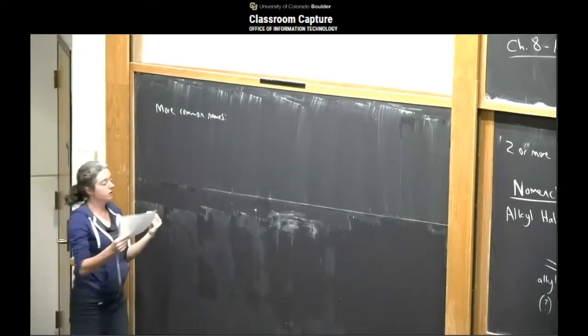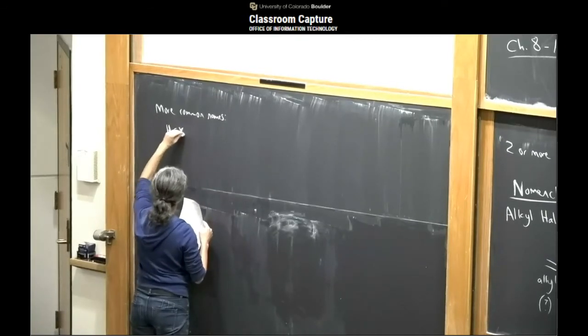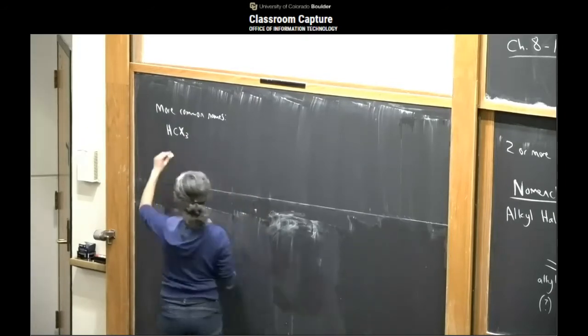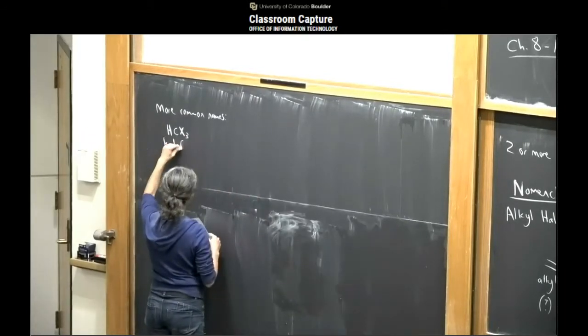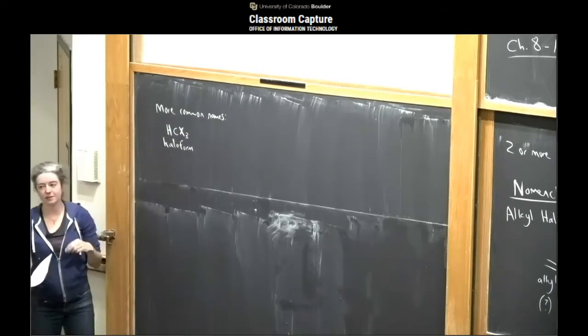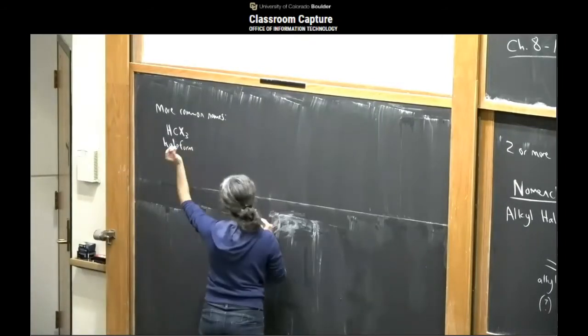Okay, so some of these you're actually familiar with already, because something with a carbon with an H and 3 halogens is called a haloform. And you use one particular haloform as a solvent for NMR, chloroform, or deuterated chloroform specifically.